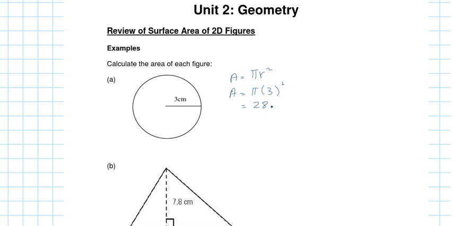Now, something that you need to include for me is units. What would be the units for the area? Centimeters squared. Anytime we're looking at area, surface area, anything that deals with area, it's going to be the unit squared. Okay?